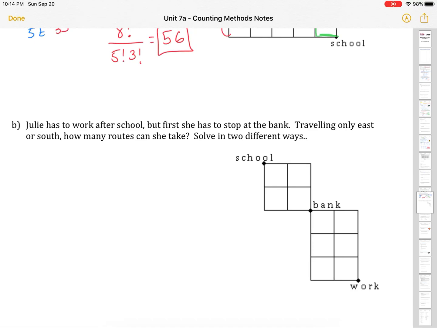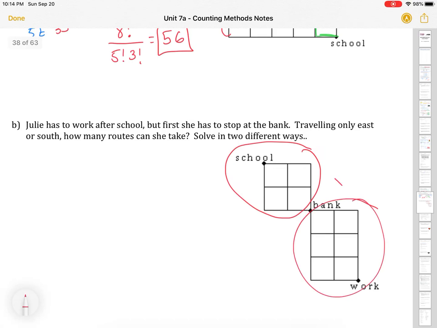So here she's got 2 different journeys that she takes. So she has to do both. So it's school to bank and then bank to work. So it's an and, it's not an or. And remember we talked about and being multiplying. So we have to figure out the top part and then the bottom part, and we're going to multiply them.